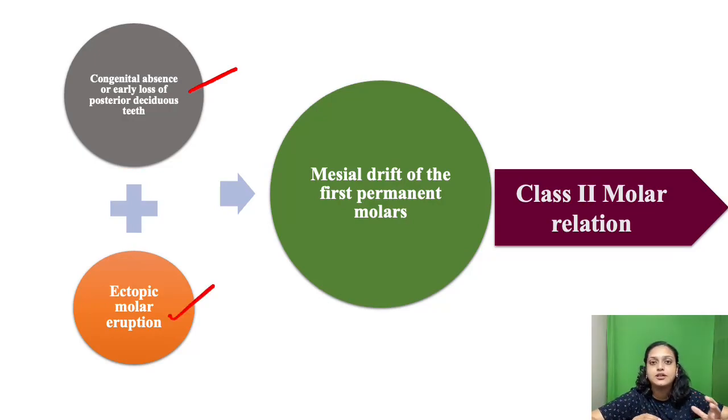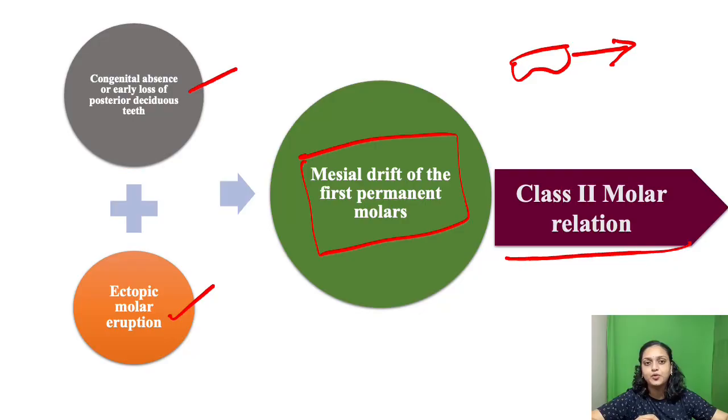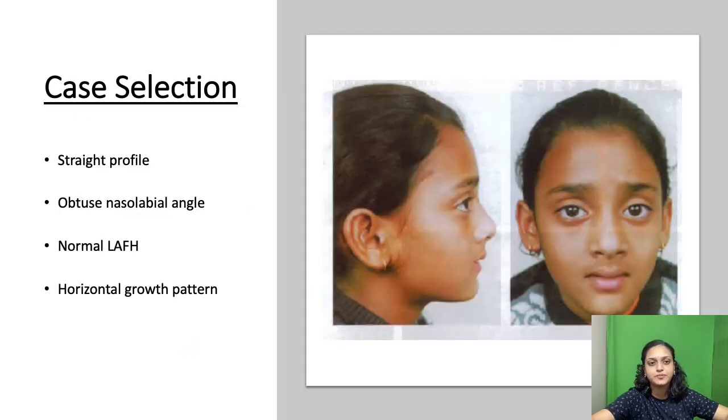There will be a class on ectopic molar eruption and its classification and management. We shall see that later. In these two situations, the first permanent molar moves forward. So the class 1 molar relationship becomes a class 2 molar relationship. So what we do is we distalize the permanent molar to gain a class 1 relationship.